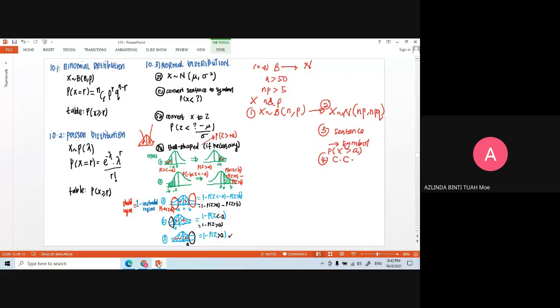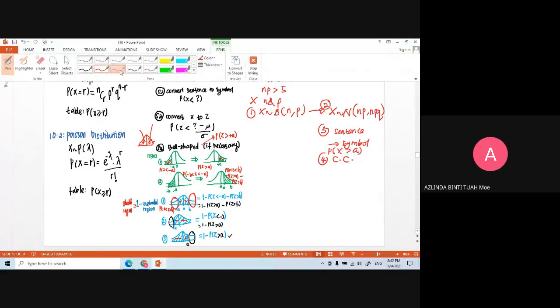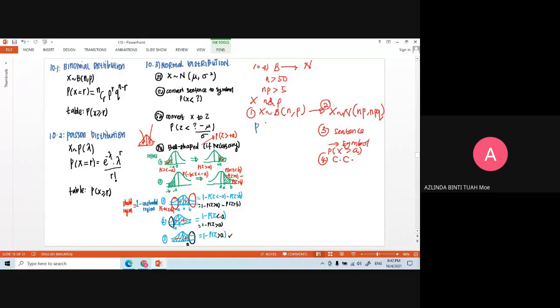Sebab binomial adalah discrete random variable where the normal is continuous random variable. Sebab dalam binomial distribution, we can solve probability X equal to R. We can find the value of probability when X equals to 2, for example. Where the normal distribution cannot solve P(X equals to something).